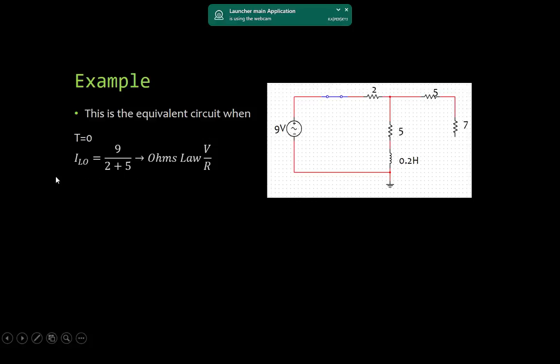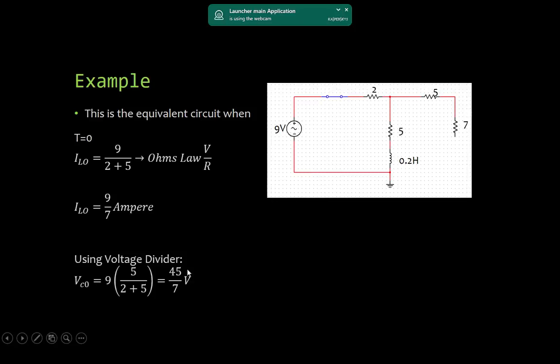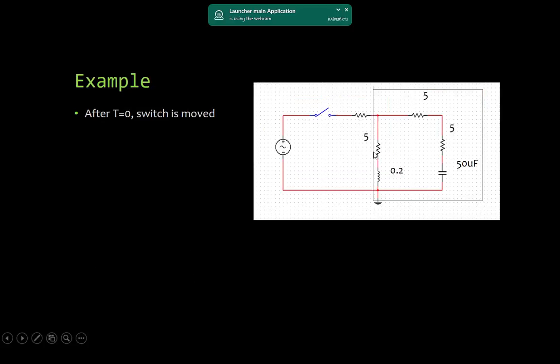Here, using Ohm's law, we will find I of 0 is equal to 9 volts all over 2 plus 5 ohms. Therefore, we will have a current of 9 over 7. Using the voltage divider, Vc of 0 is equal to 9 times 5 over 2 plus 5, which is 45 over 7 volts.